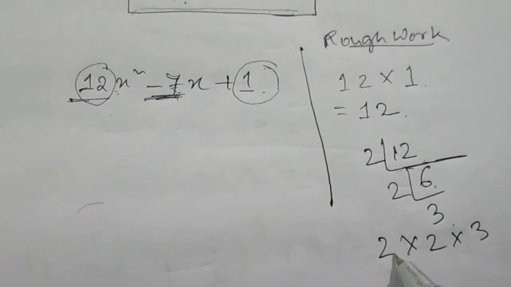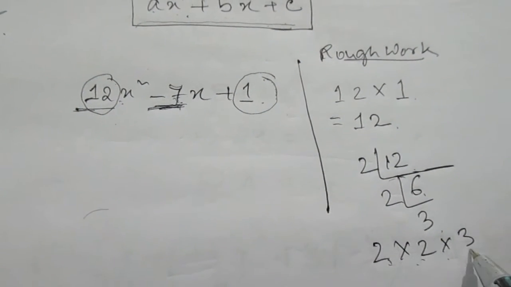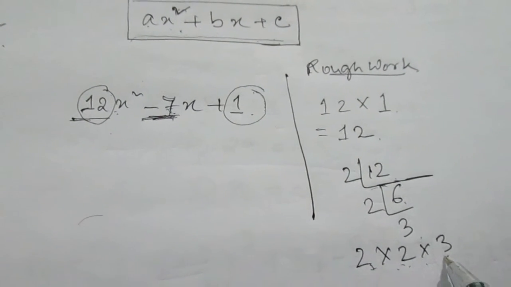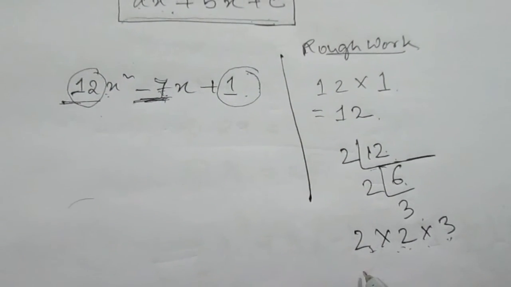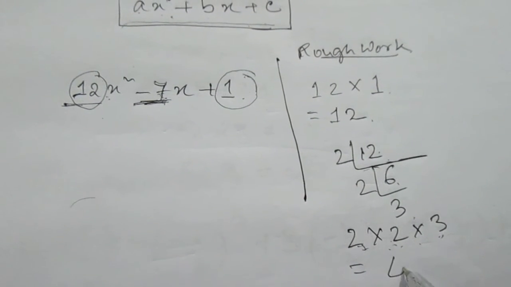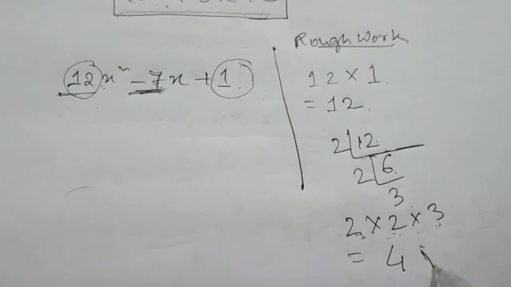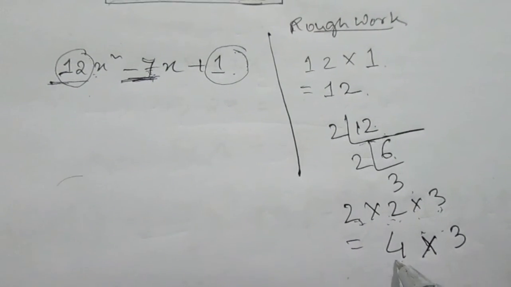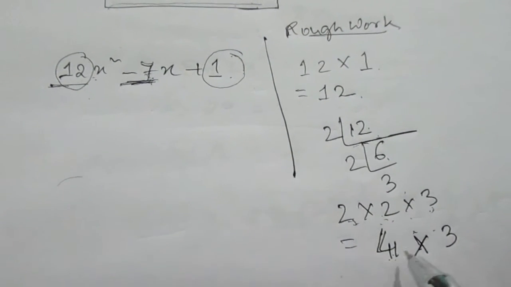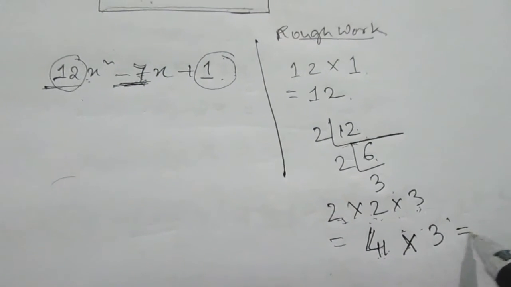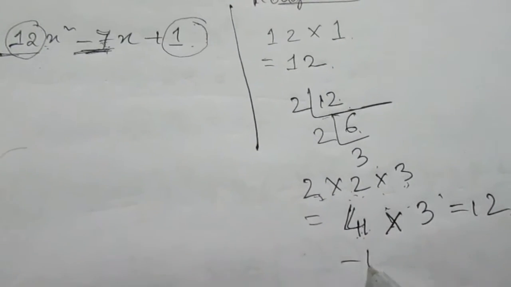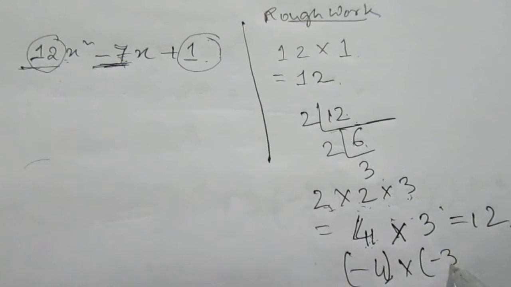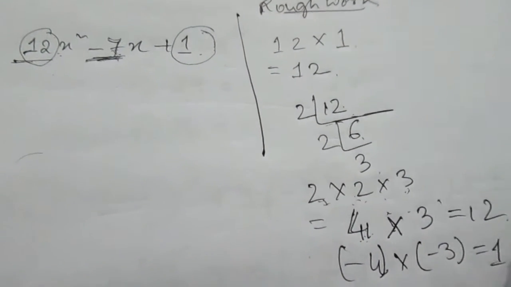See here, 2 into 2 into 3 are the factors of 12. So 2 into 2 will give me 4 and this 3 will give me 3 only. So 4 into 3 is 12 and also minus 4 into minus 3 is also 12.